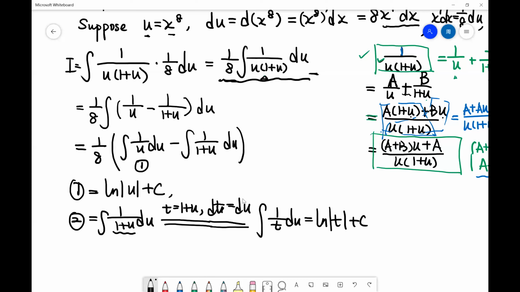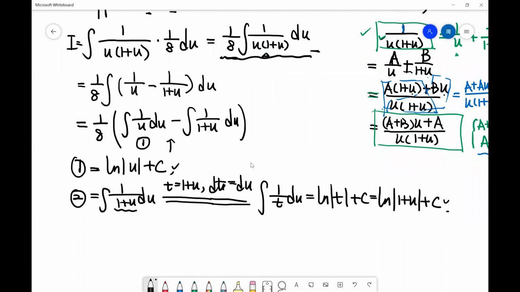So that is ln absolute value of 1 plus u plus c here. So we can put these two results back here. So the integral I equals 1 by 8. Don't forget it.